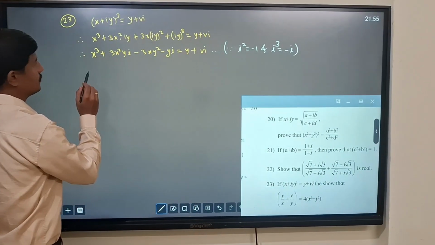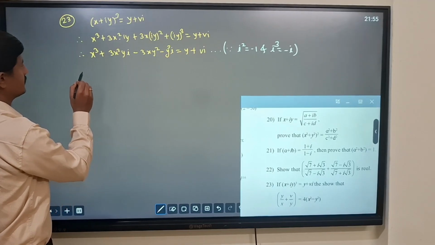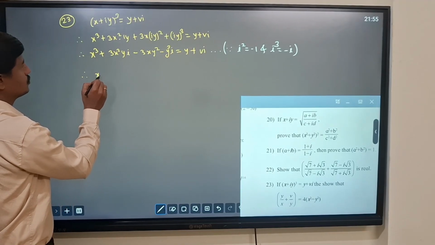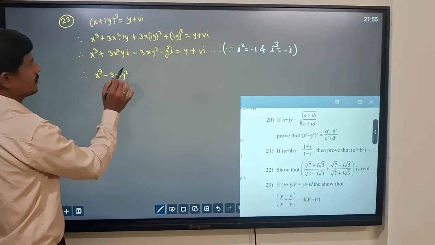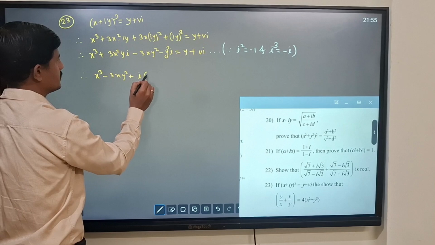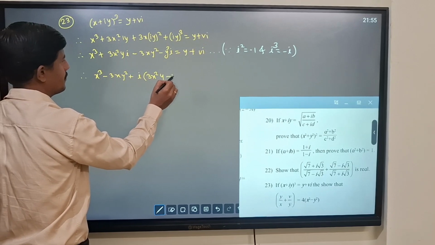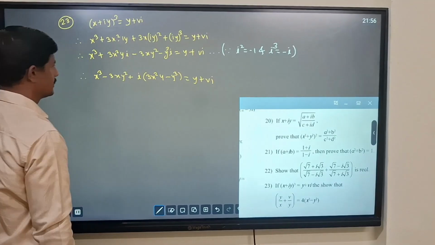Now see, therefore this is y cube i minus i. Therefore this becomes x cube minus 3xy square. Okay, and after taking i common, this becomes 3x square y minus y cube equal to y plus vi.